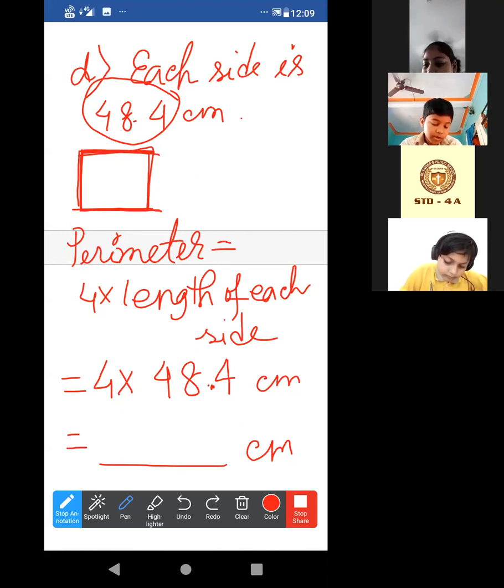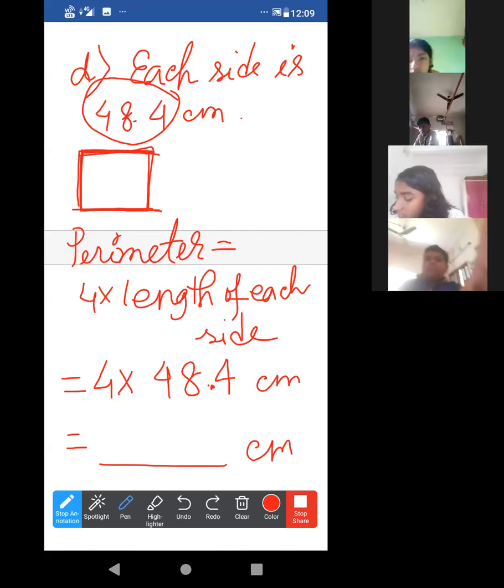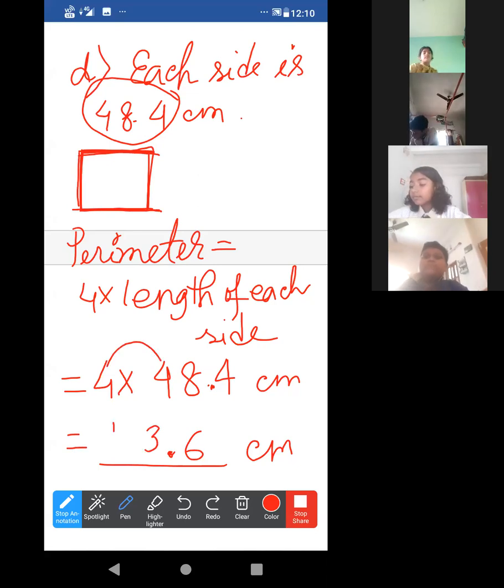Done. Afrina, Paushali, Anubhav. Understood? Okay, beta. Good. Exactly. 4 4s are 16. Carry 1. 4 8s are 32 plus that 1, 33. Carry 3. 4 4s are 16 plus 3, 19. This one will be the answer.